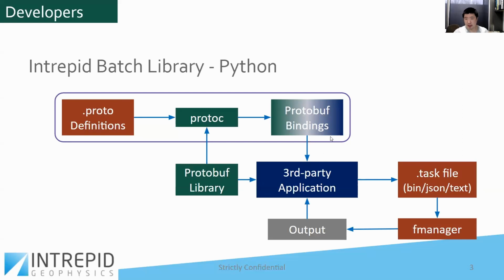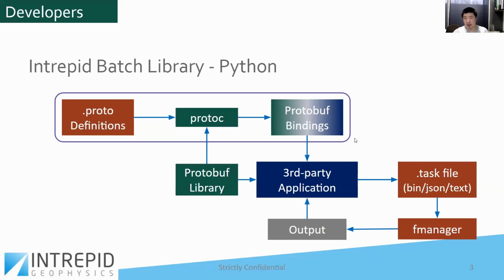For third-party applications, if you want to integrate or interact with Intrepid, we used to have these Java files, and the C++ SDKs with headers, and you have to compile your code and link against our libraries.